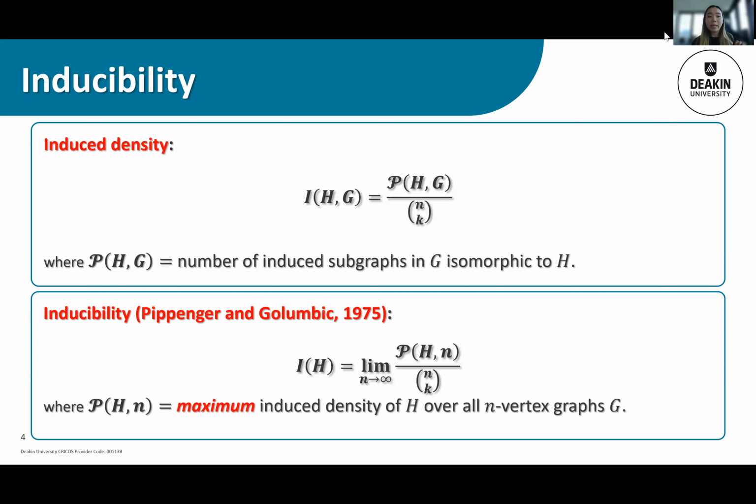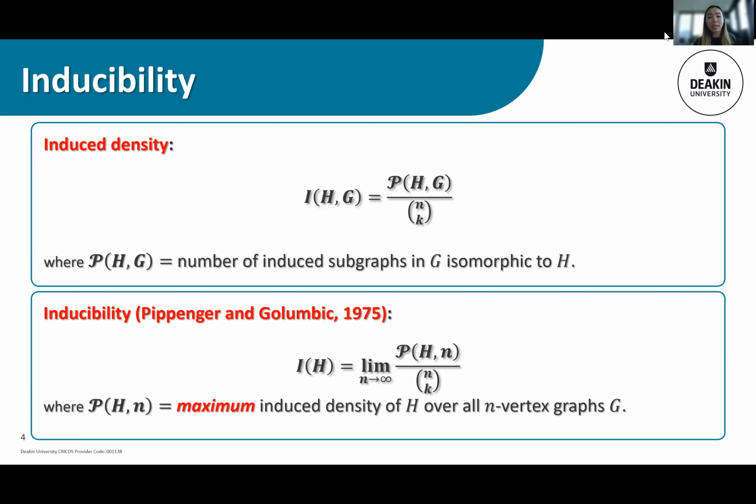Now, here, the induced density refers to the number of subgraphs H of order k over all possible k-vertex subgraphs in G. The condition here is that n has to be greater than or equal to k.